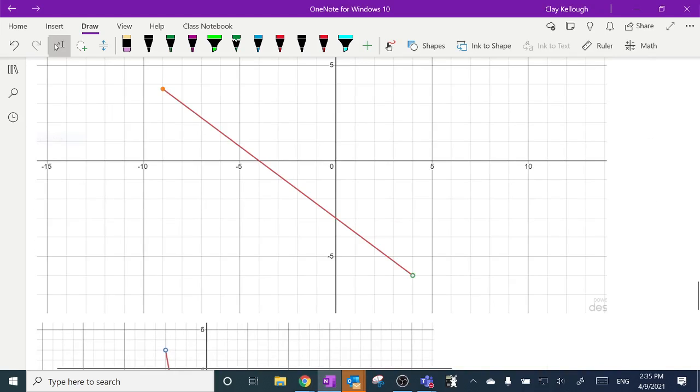Go backwards now. Find me a slope, find me the y-intercept, and give me the y equals mx plus b. Okay, was that enough time?